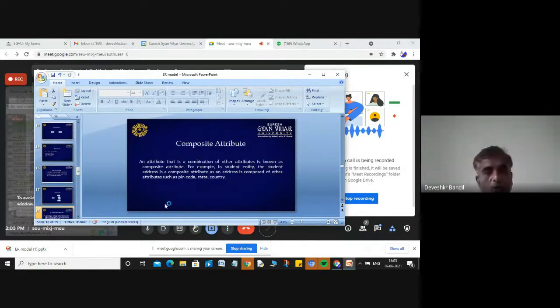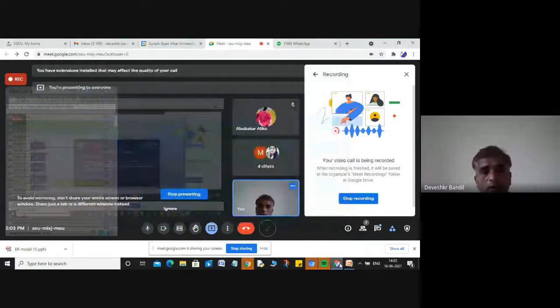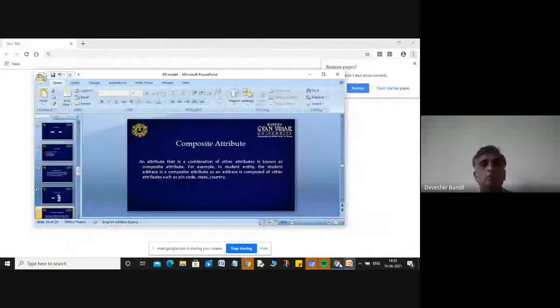Now I am talking about the composite attribute. An attribute that is a combination of other attributes is known as a composite attribute.